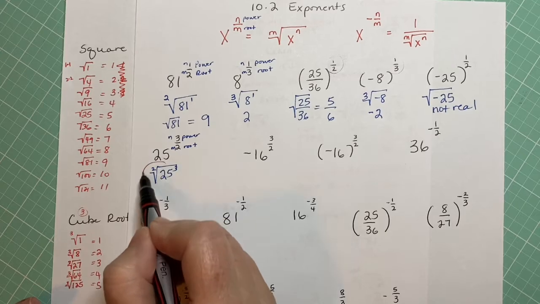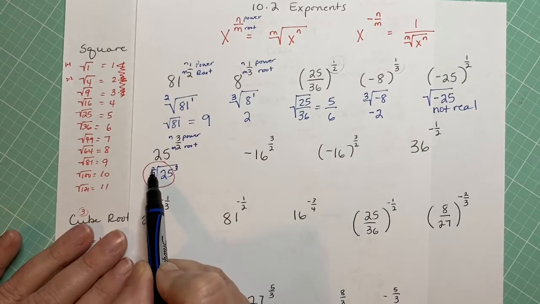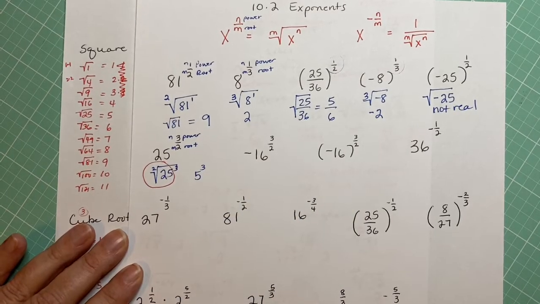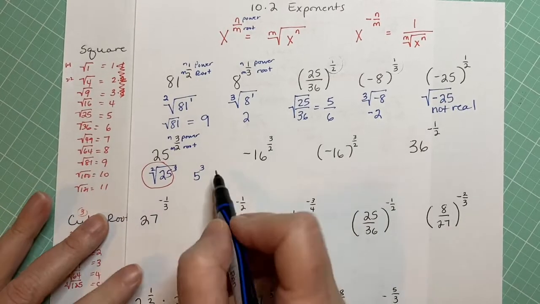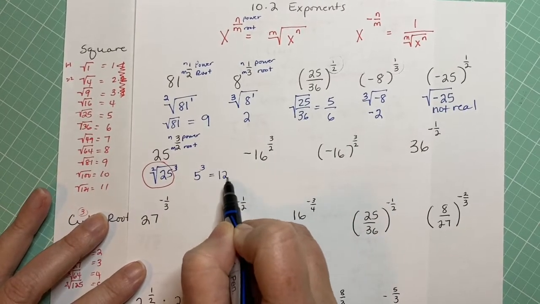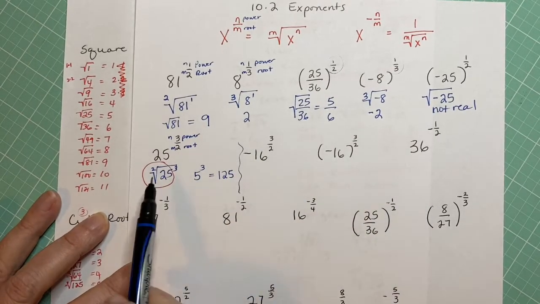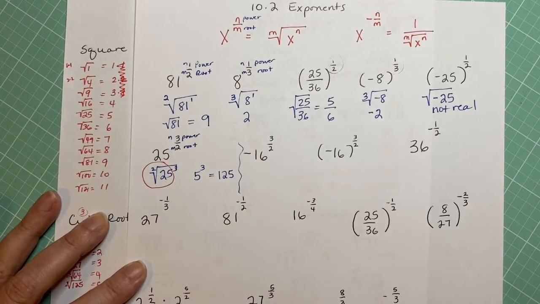So I always say do the root first and then do the power, because we know the square root of 25 is 5. So that leaves us 5 to the 3rd. And then 5 to the 3rd is 5 times 5 times 5, which is 125. So 25 to the 3/2 is equal to 125.